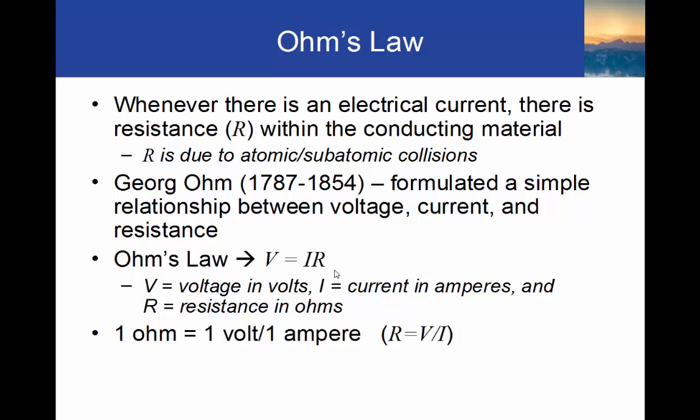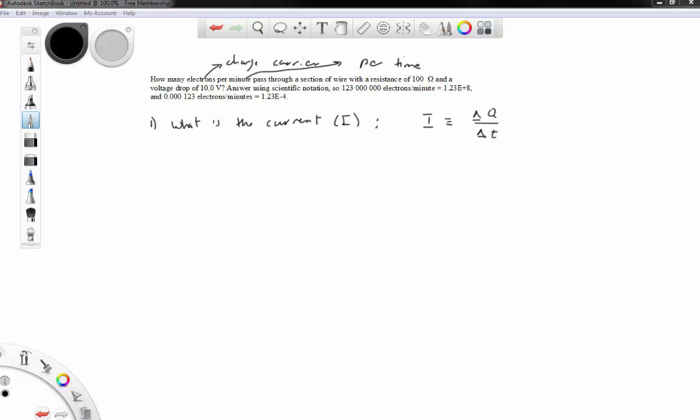This was discussed in the notes, basically in section 8.2 of your text under current, voltage, and electrical power. Ohm's law says that V equals IR, that is, the voltage drop is the current times the resistance.